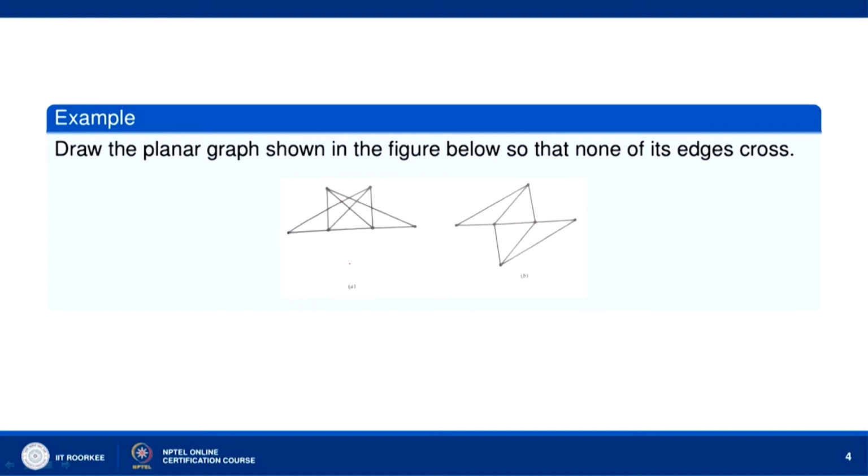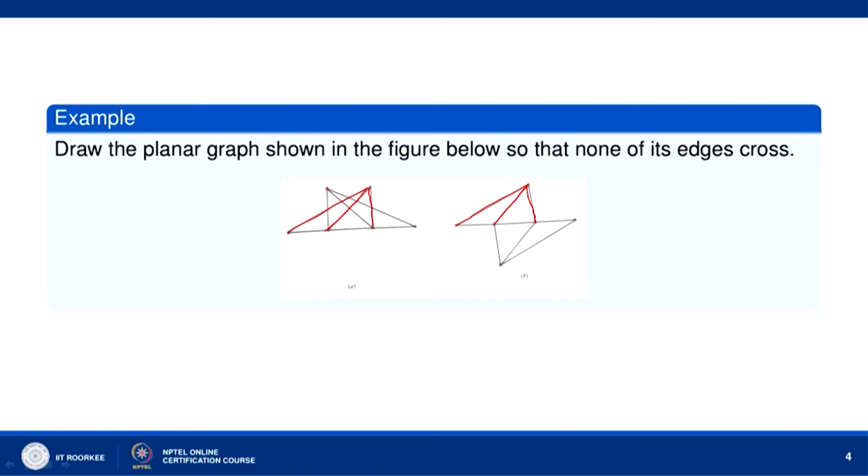Draw the planar graph shown in the figure below so that none of its edges cross. Now, here we can see that as such the edges cross each other, but it can be made in such a way that its edges do not cross each other. So, this and this are here.